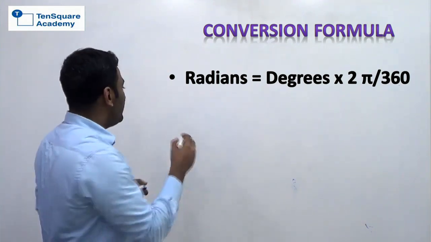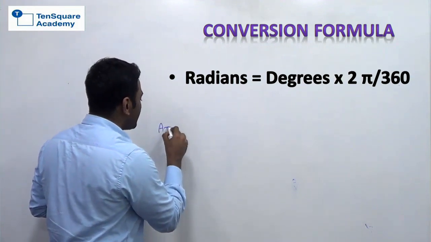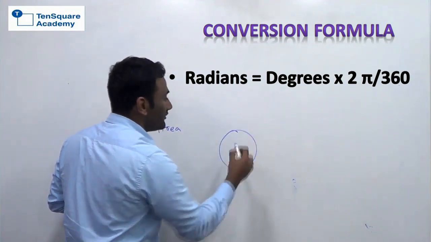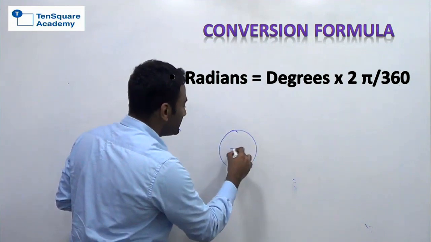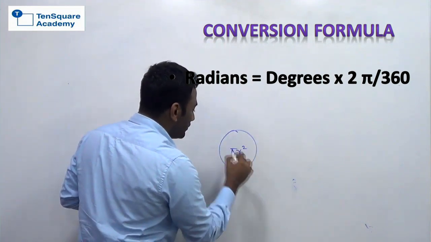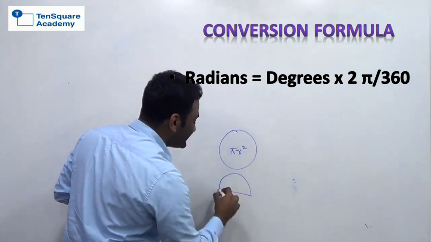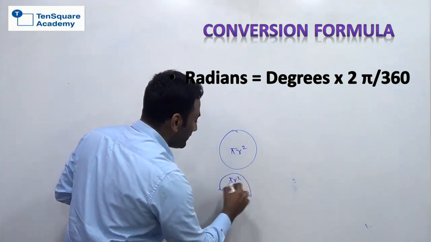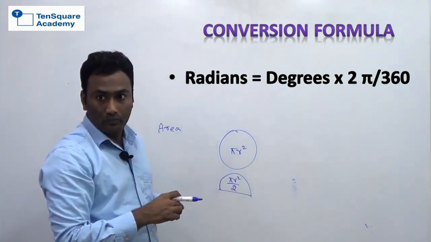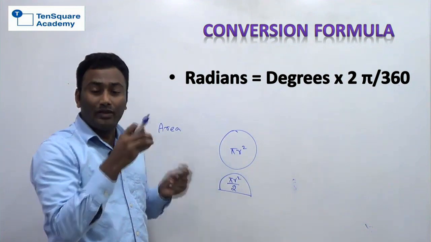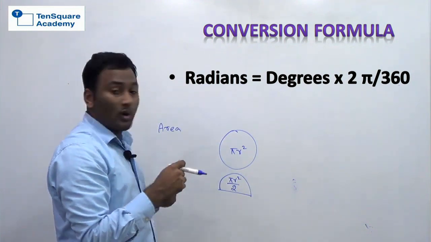Okay, so we know area. The area of a full circle, we know the value is pi r square. If we are finding the area of a semicircle, it is pi r square by 2, right? So we know the value is 180 degrees.